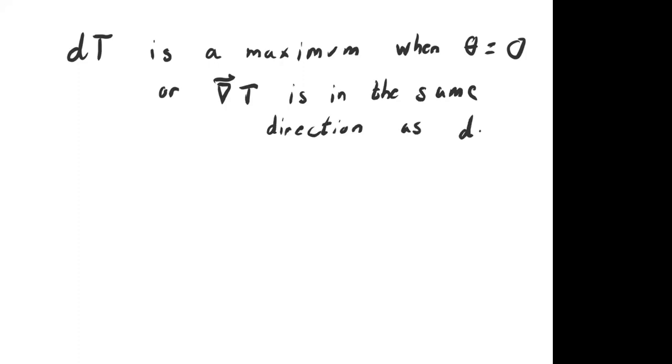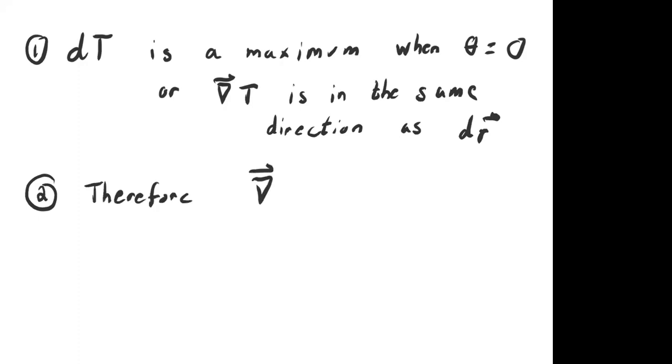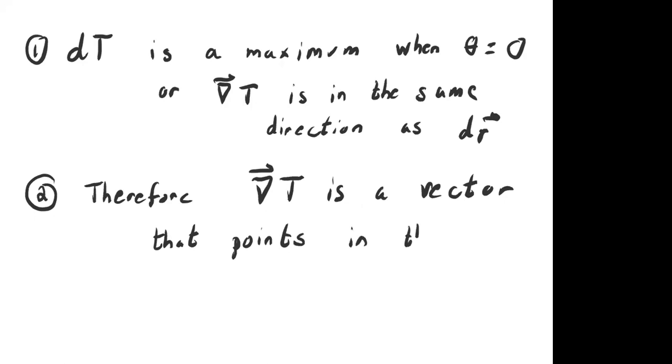And the key point here is that the gradient of T is a vector that points in the direction of maximum increase of temperature. Okay.